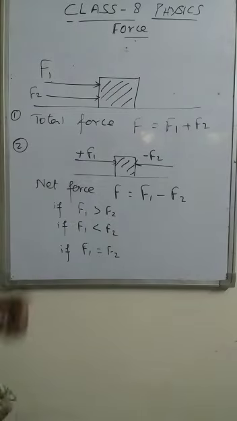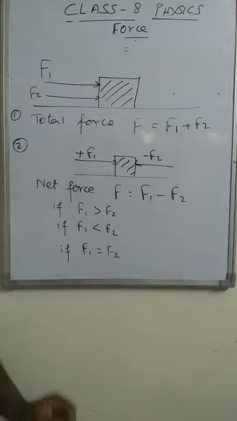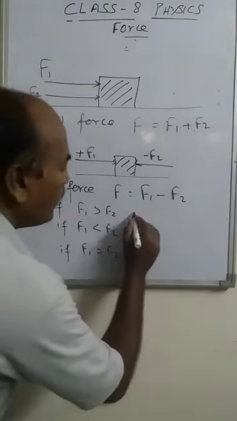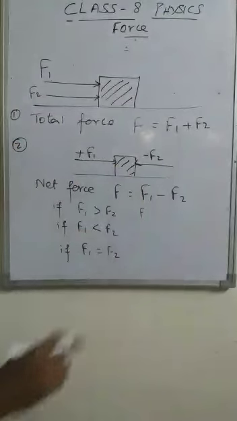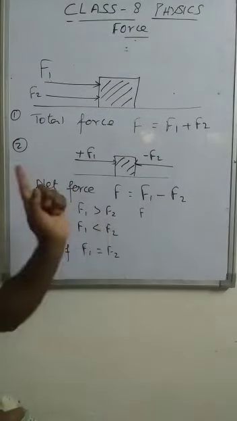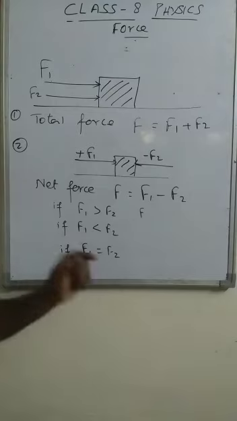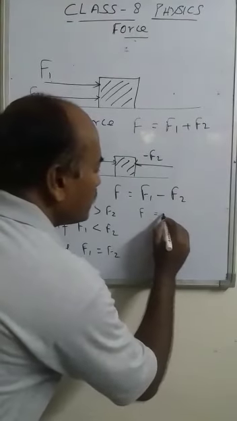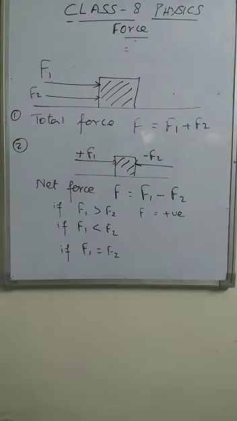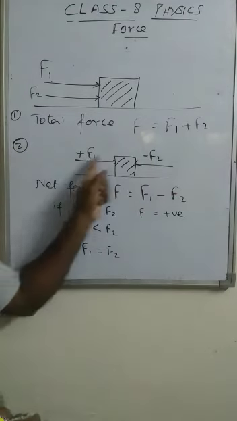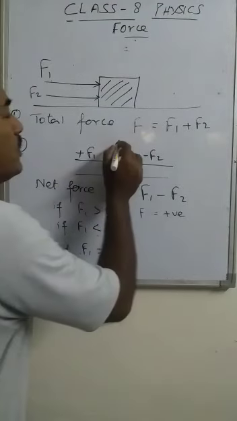Whenever the greater force is applied, the net force is calculated by taking the difference, and along with the magnitude of force, the direction will also be produced. Here F equals F1 minus F2. Since F1 is greater than F2, definitely the resultant force is positive. Positive means towards the right. That means the object will move towards the right.